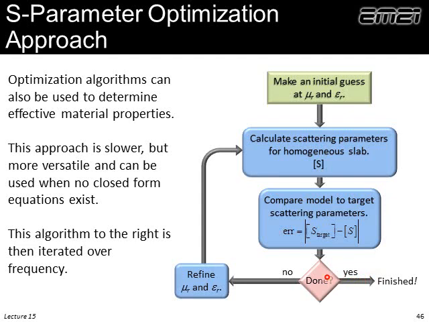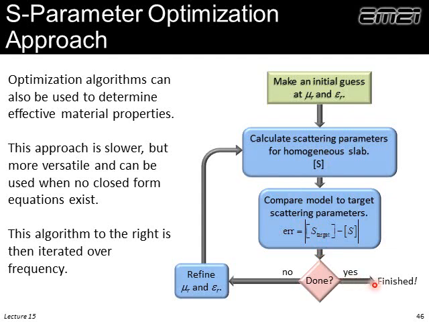If not, and they probably certainly won't in the beginning, we somehow refine those. And the manner in which they're refined really depends on our optimization algorithm. We could use particle swarm optimization, genetic algorithms, gradient descent, a variety of other things. But in some way, we are intelligently refining that guess at mu and epsilon. Then we come back, we resimulate that homogeneous slab, we do some kind of comparison.